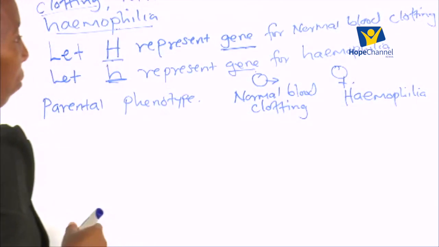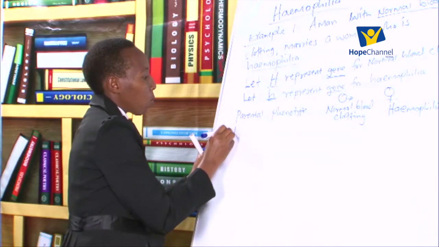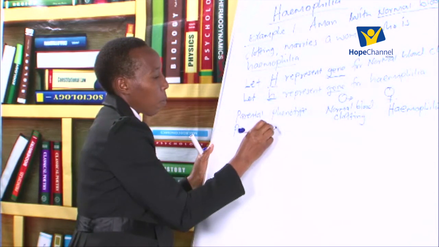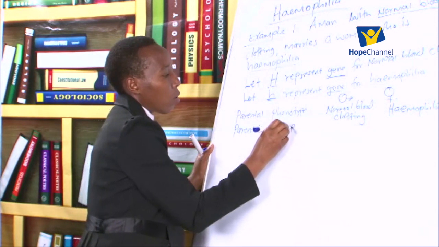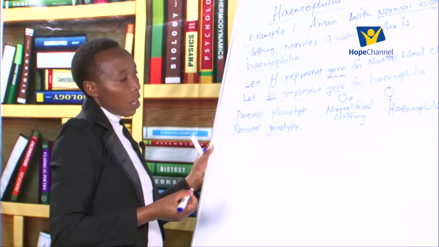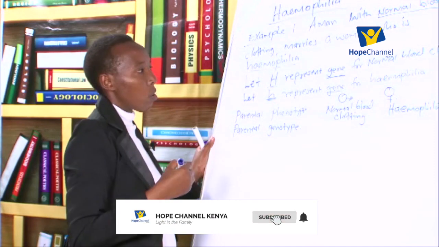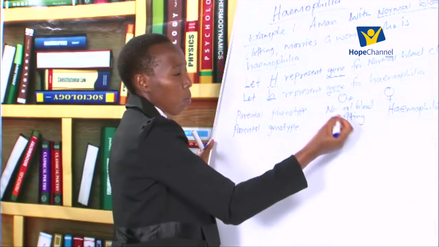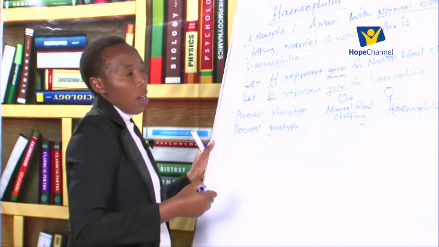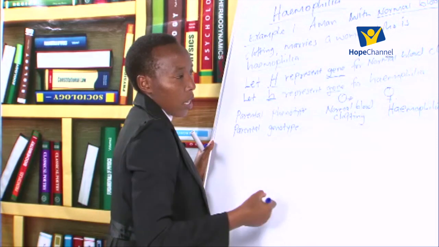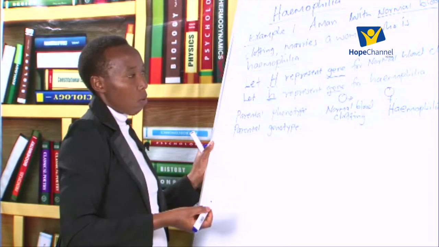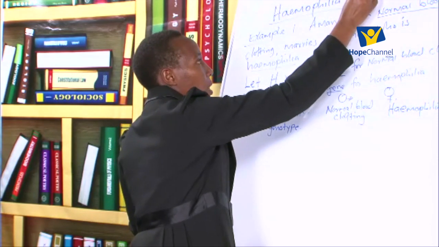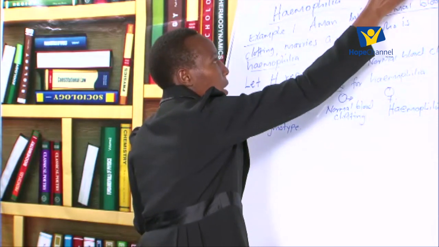So she has hemophilia. Then we move on to parental genotype. Parental genotype means the genetic composition of that organism. As much as we see you have normal blood clotting, or you are hemophilic, genetically, what are the genes you have? Remember, hemophilia is an example of a sex-linked trait.